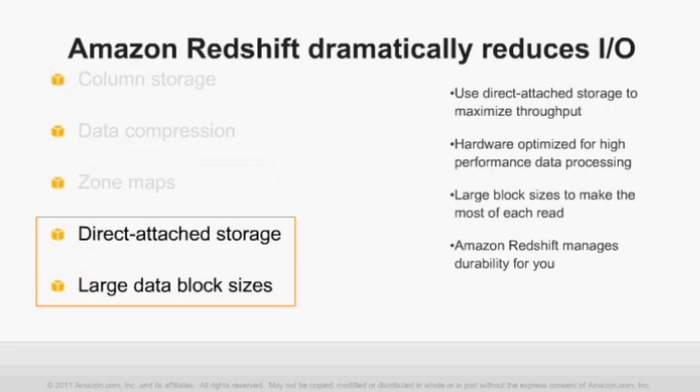And we take care of all the local management of resources. So when we do a read for a scan, we get as much relevant data as possible with large block sizes, and this enables us to get the most performance out of the system. And then lastly, Amazon manages the durability of the data that's being stored on these local drives for you.